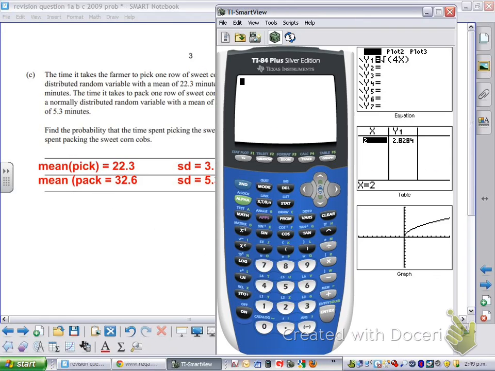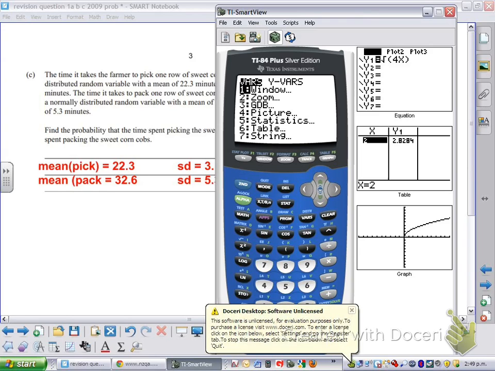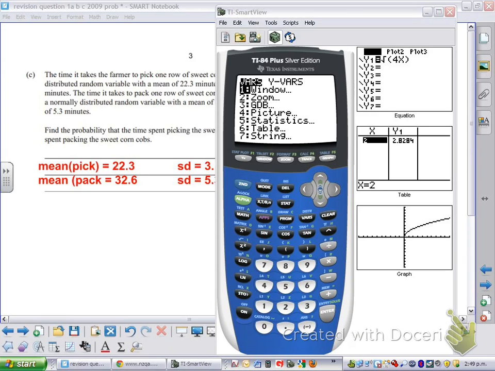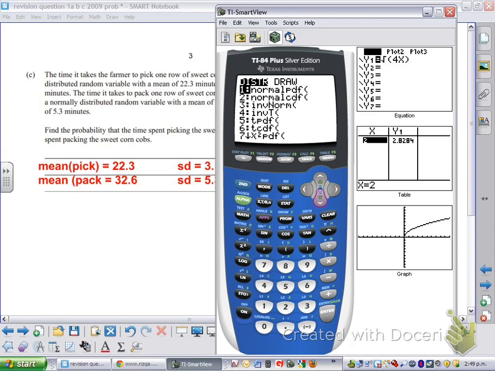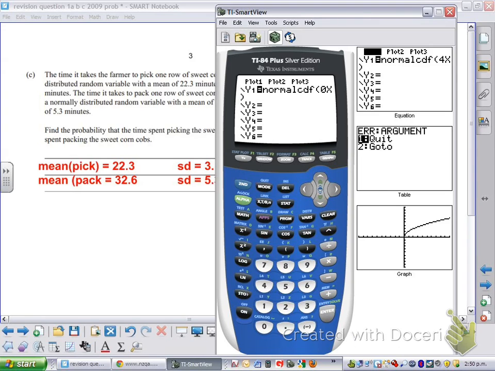Okay, and so again we just go into distribution. It's going to be a bit tricky doing it from here. Let me do it from here. Standard distribution, go down to normal CDF. Now it's going to be greater than 0, so we'll start with 0 as our lower limit. And now you've got to select something that's reasonable for the upper limit. Now we don't have really big numbers here.